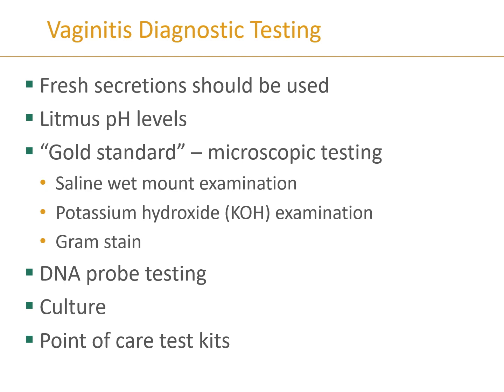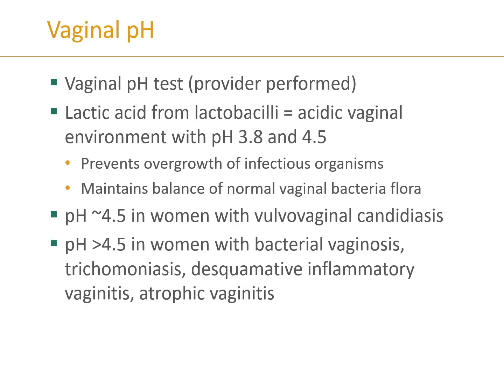The vaginal pH is maintained at around 3.8 to 4.5, so it's a very acidic environment, and that's due to the presence of the normal flora of lactobacilli, which, as their name implies, produce lactic acid. So this lactic acid actually prevents the overgrowth of anything infectious, and it maintains the balance of the normal vaginal flora.